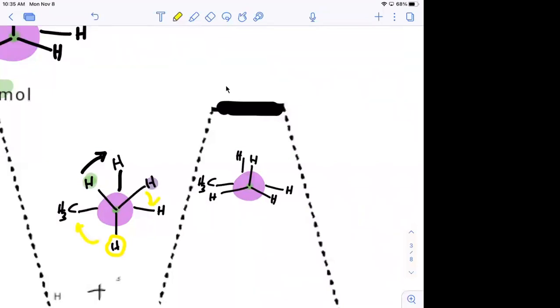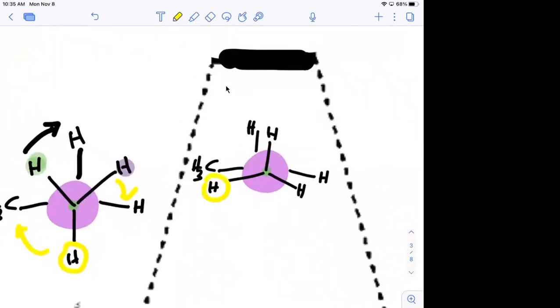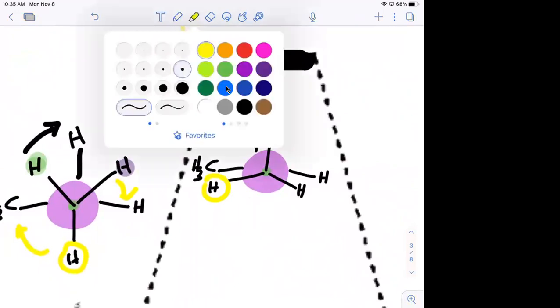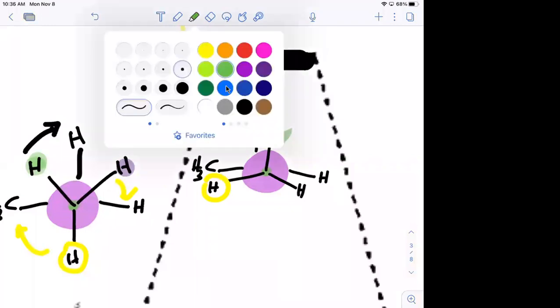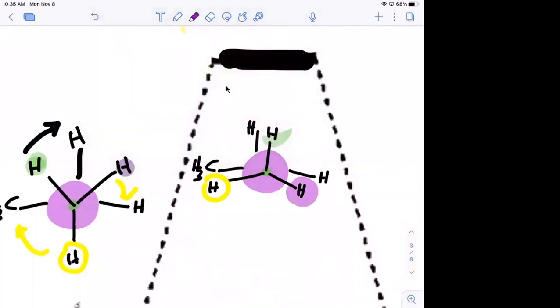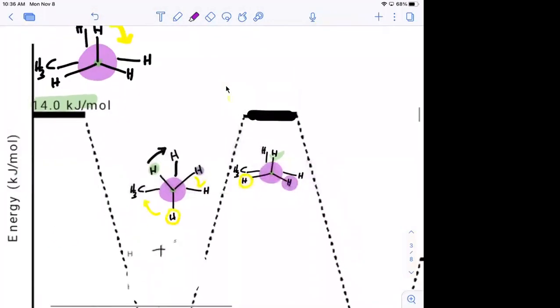So the yellow hydrogen actually ends up here, and then the green hydrogen ends up here, and then the purple hydrogen is here. Following? All we're doing is taking that front carbon and turning it like a dial. We're turning it around, and every turn is 60 degrees.